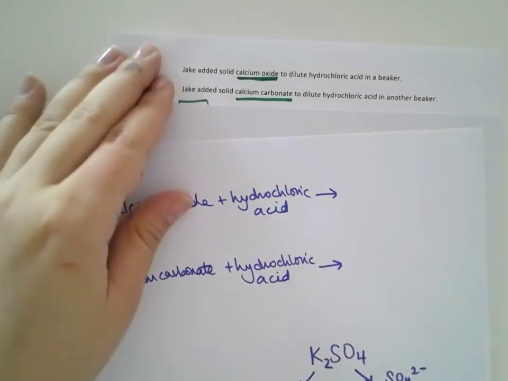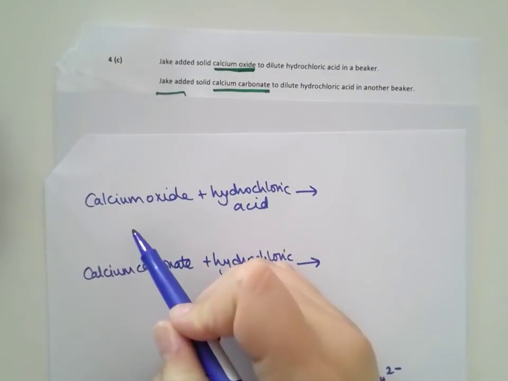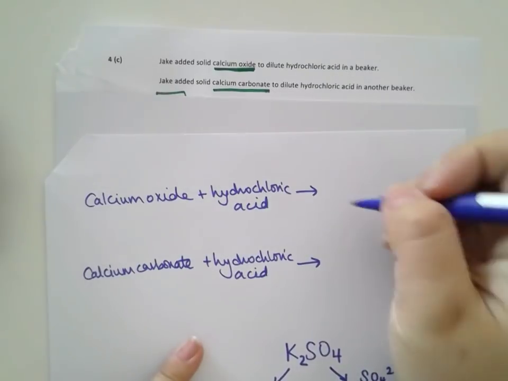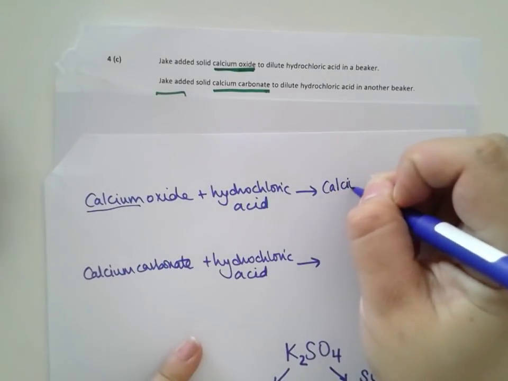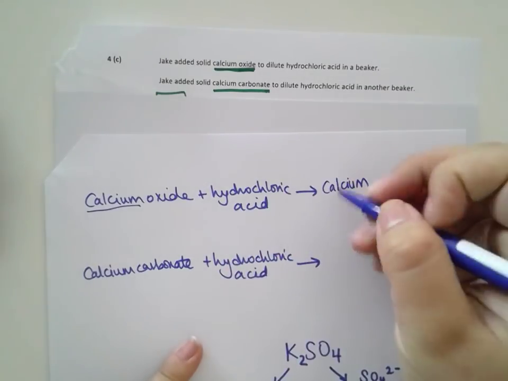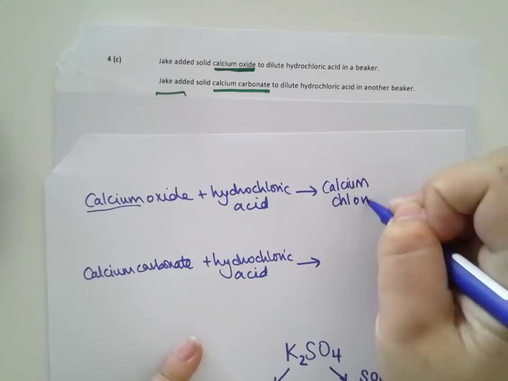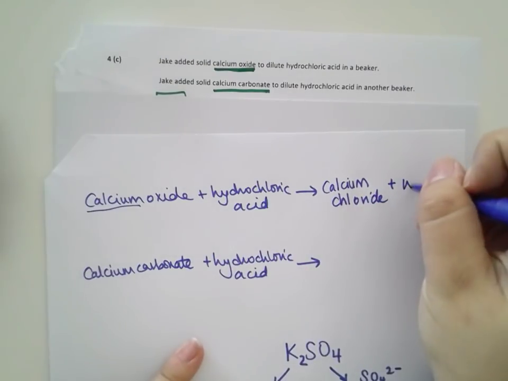So I have written here the 2 equations, and we continue on with the products. Remember the salt: acid plus base makes a salt, which takes the first part, calcium, and the second part, which is from the acid, hydrochloric, will become chloride. And because it's a neutralization reaction, it produces water.